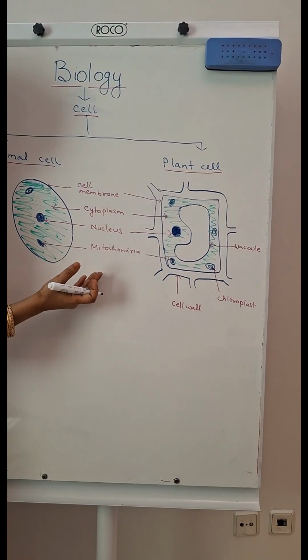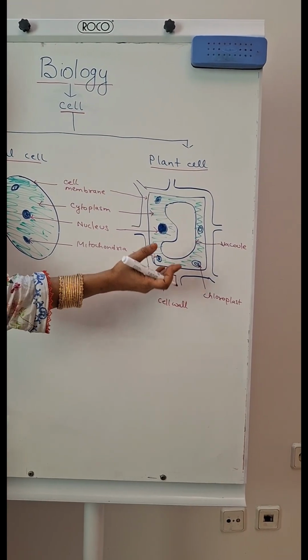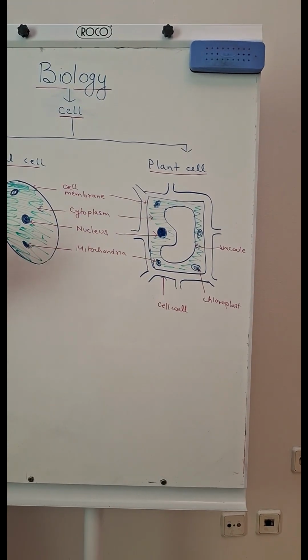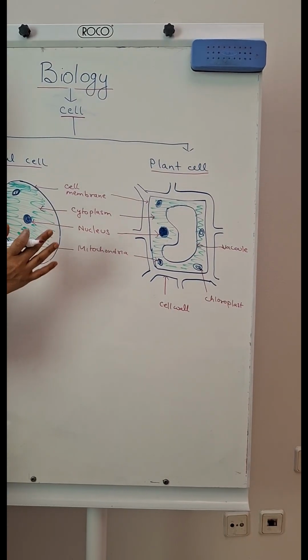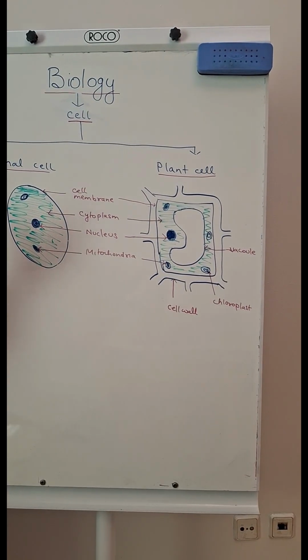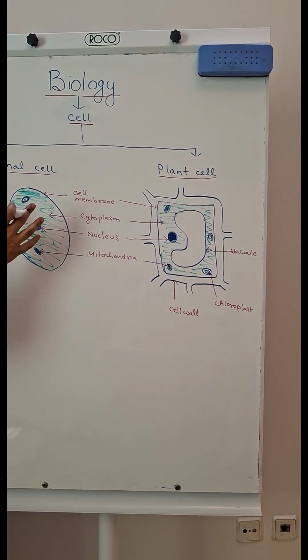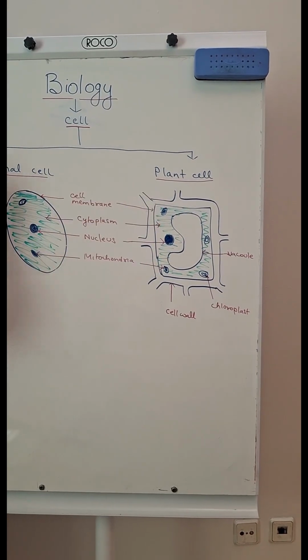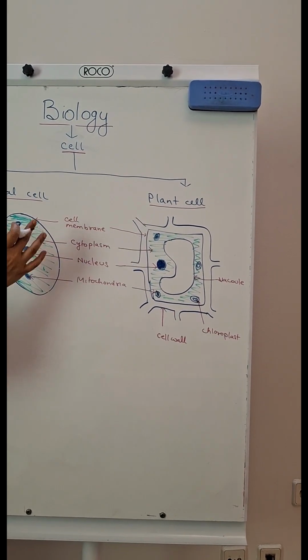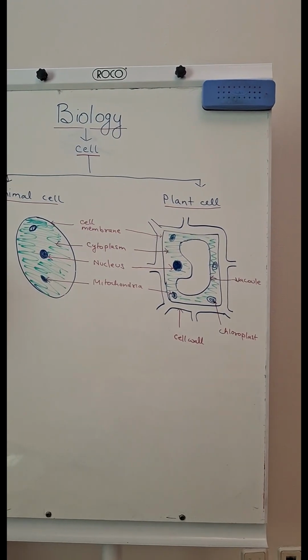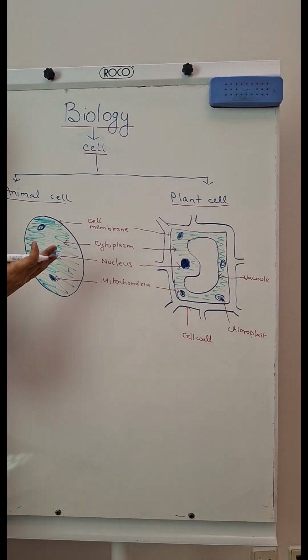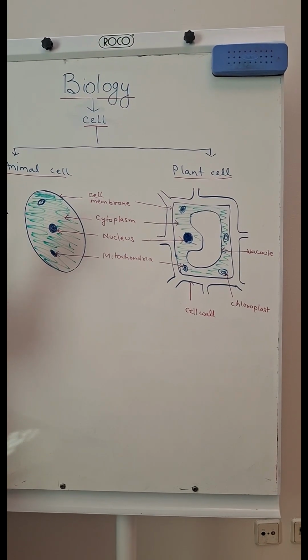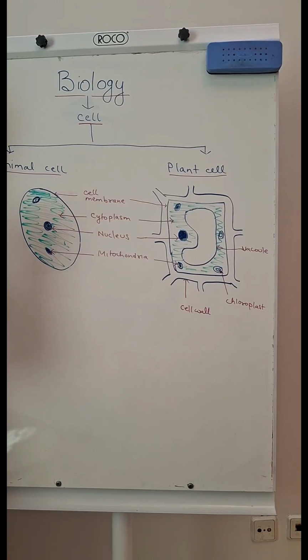Similarly, mitochondria, cell wall, chloroplast and vacuole. So we need to know where they are present in a cell. Then we will understand the function of these cell organelles, function meaning what they are actually doing in the cell.